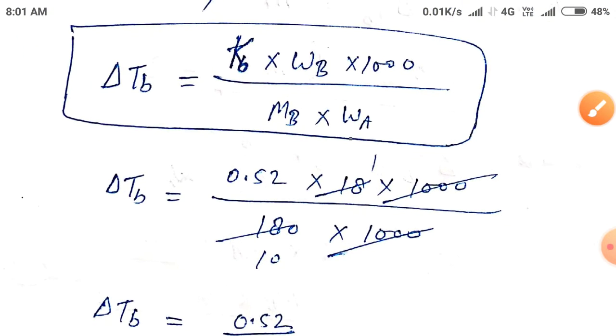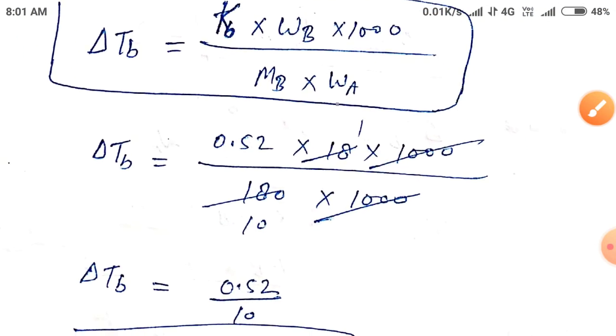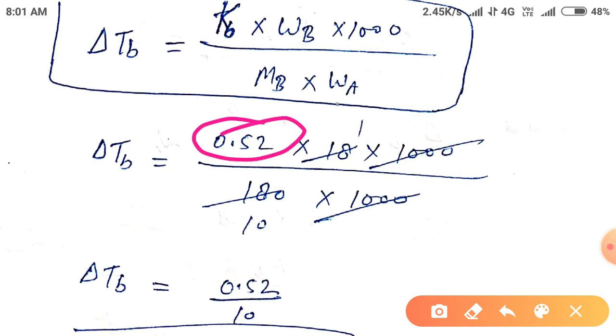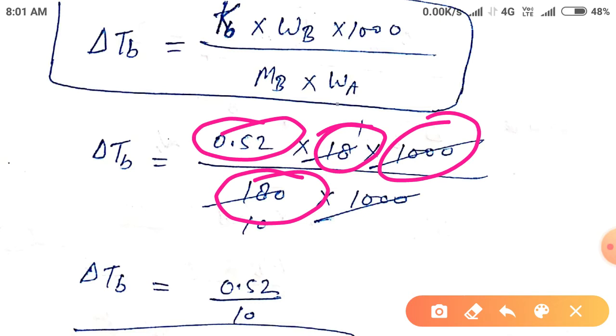Now we put in the values. Kb is 0.52, Wb is 18, 1000 as it is, and Mb, the molar mass of solute, glucose, is 180, and Wa, the mass of solvent, is 1000 grams.